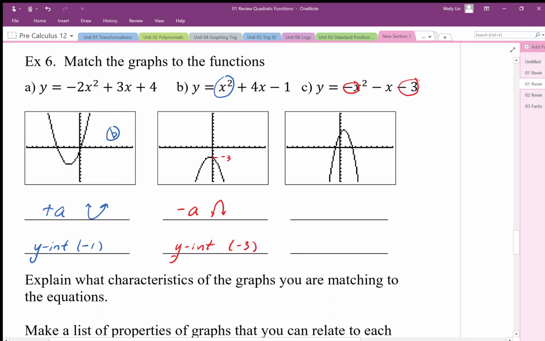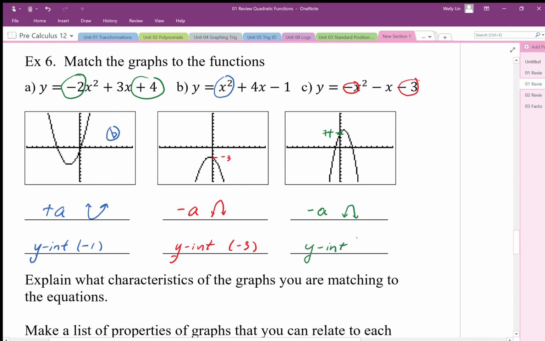And for the last one there, well, there's really only one choice left, but we can still look at the properties here. It's got a negative A value. Okay, it's opening down. Okay, and the y-intercept here is going to be at +4. And we can see that, yeah, this one's opening down and also has a positive y-intercept.